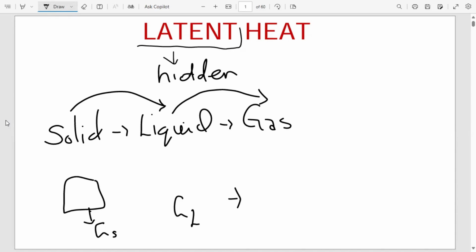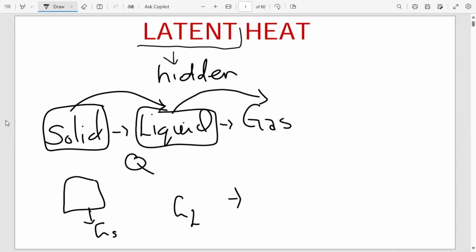Now, what happens when a solid wants to transition from its solid state to a liquid? There's what we call melting that is going to take place. In order for this substance to melt, it's going to take thermal energy that we're also going to call Q. Remember, thermal energy is always represented by Q. And if you continue supplying this substance with thermal energy, it is going to transition in its state from liquid to gas.